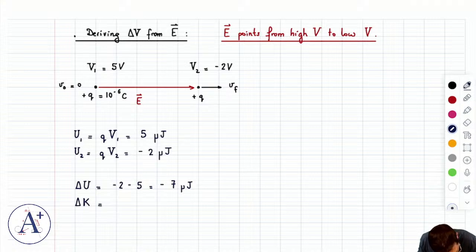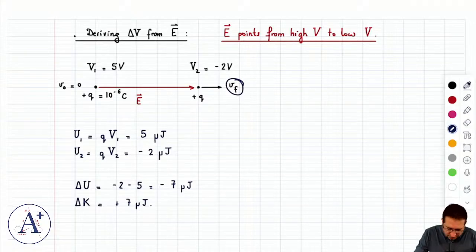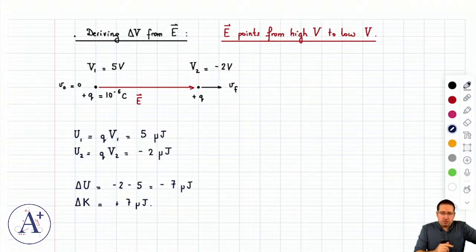And the point is, if you spend 7 joules of electric potential energy, then what you're getting is a change in kinetic energy of plus 7 microjoules. And if I know that, I can evaluate V final, which we'll do later on. But the point is, I can apply conservation of energy, because the electric force is a conservative force, just like the weight force is a conservative force.